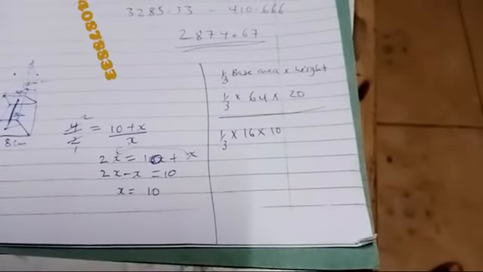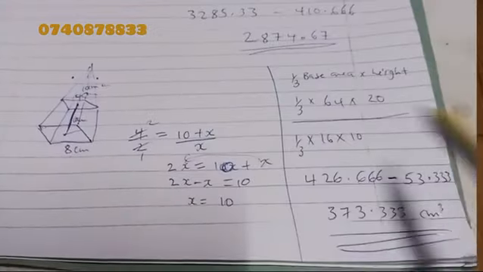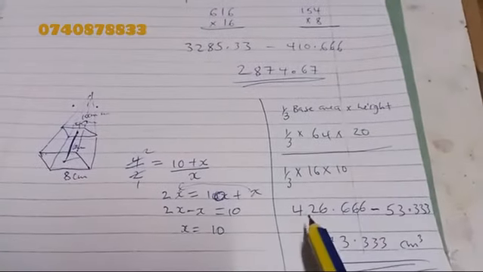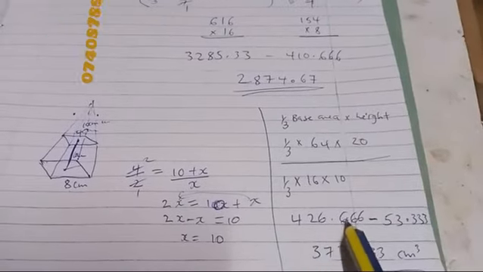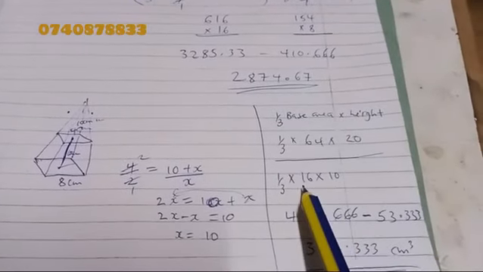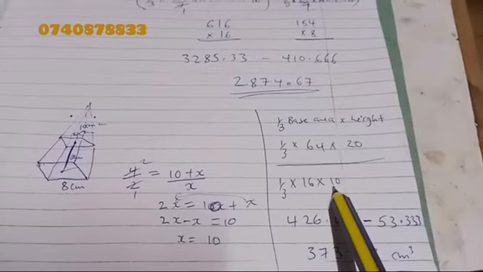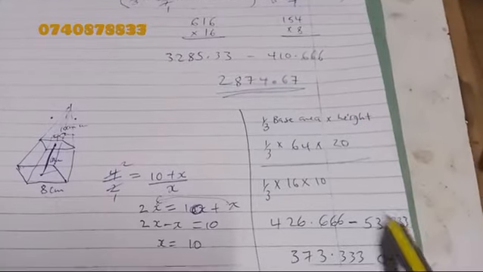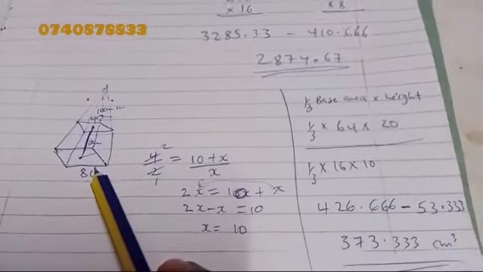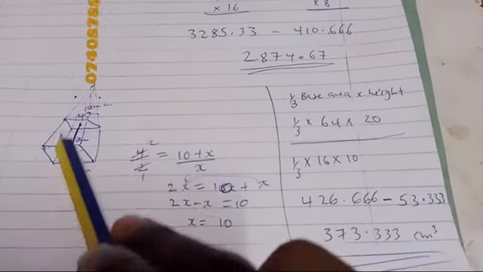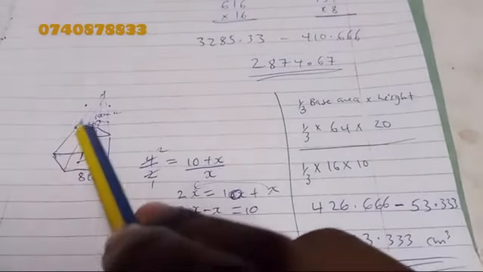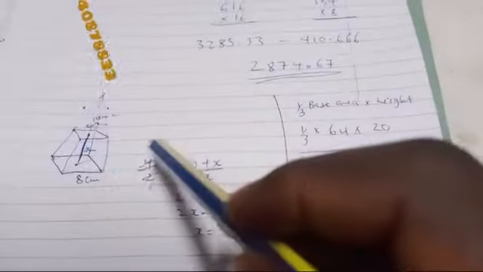So let me first calculate. On multiplying a third times 64 times 20, I got 426.666. Then I multiplied 16 times 10, it is 160, times a third, and I got 53.333. Then we say the volume. How to get the volume here? We have to take the difference from the full frustum before it was cut.